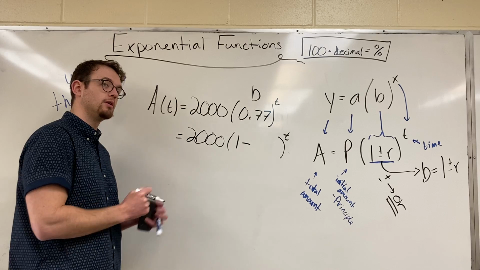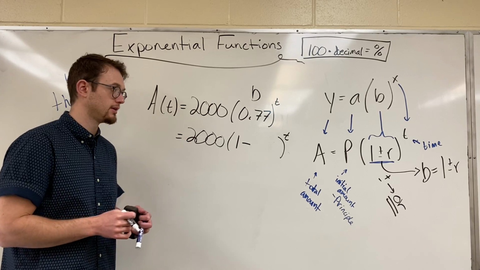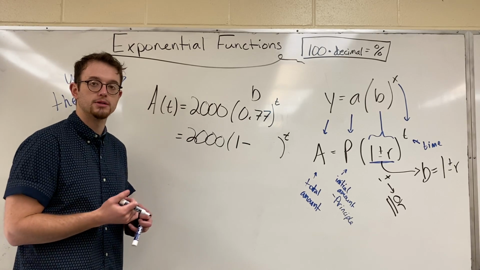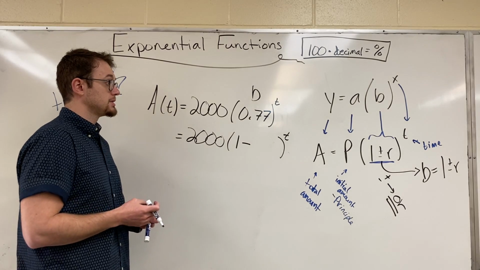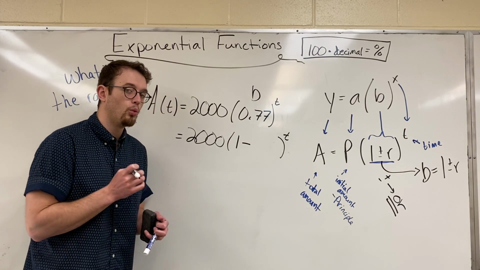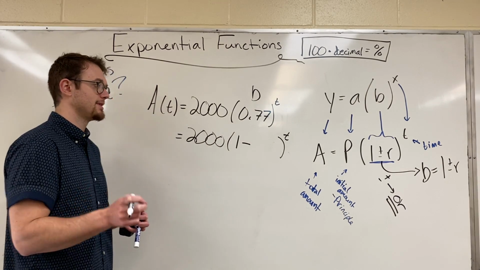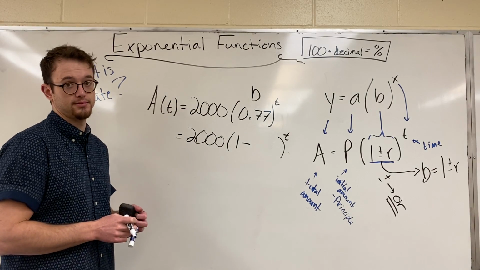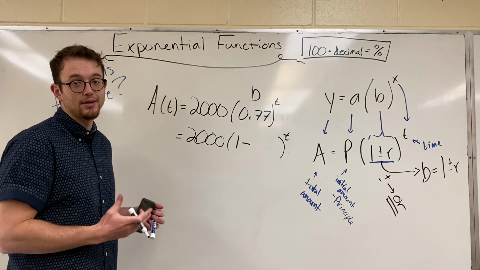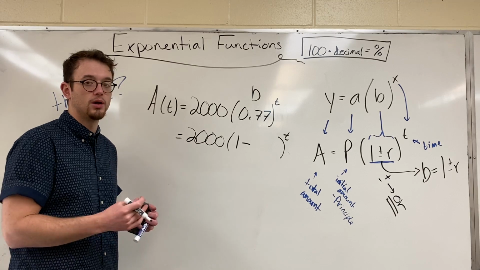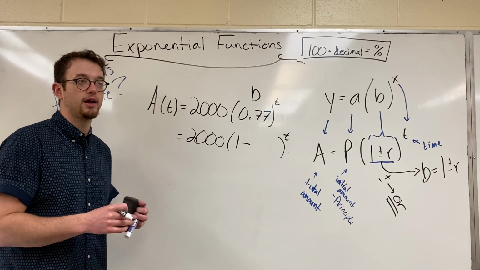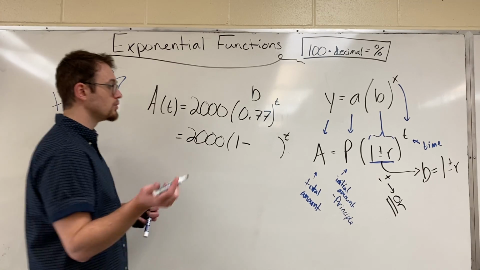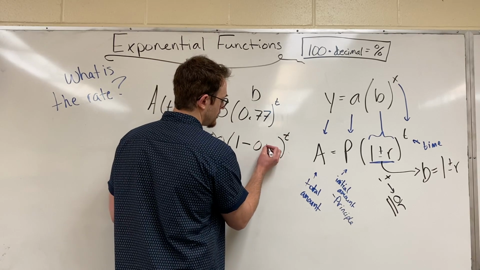Polar bears are going extinct, unfortunately. We're losing the population of polar bears. So what do I subtract from 1 to get 0.77? Well, you could on your calculator right now just find the difference, do 1 minus 0.77, and you would get 0.23.